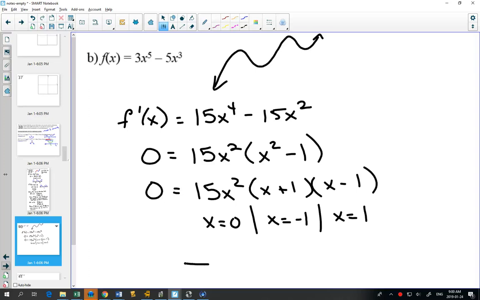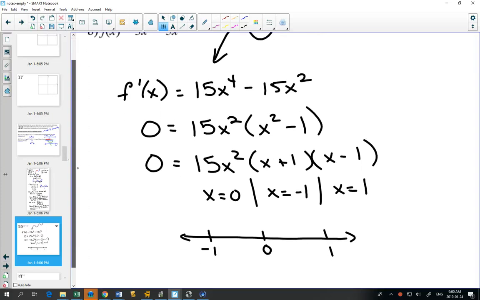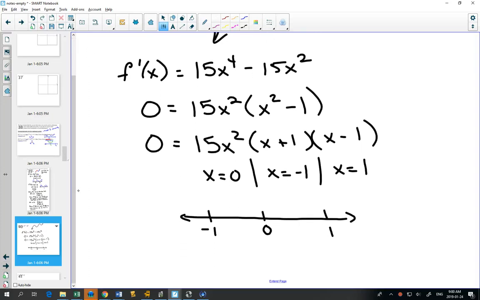So normally at this time you would draw your number line, you'd plug in 0, -1, and 1. But we're going to skip the increasing, decreasing so we don't spoil the surprise. We have no non-permissible values, so you wouldn't have to add any extra points to your number line there.